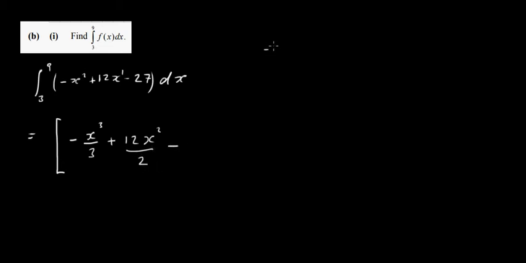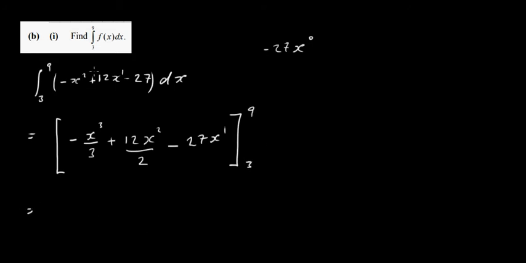Here we've got this minus 27. There is an x there, but it's to the power of 0, so we don't actually include it. It's just 1 if you like, minus 27 times x to the power of 0. So increase the power by 1, and divide by 1 if you like, but I'll just leave that out. Okay, so we want to integrate between 3 and 9.